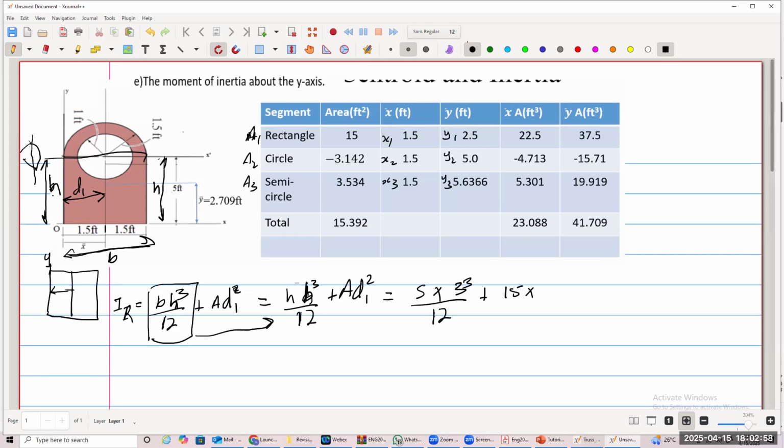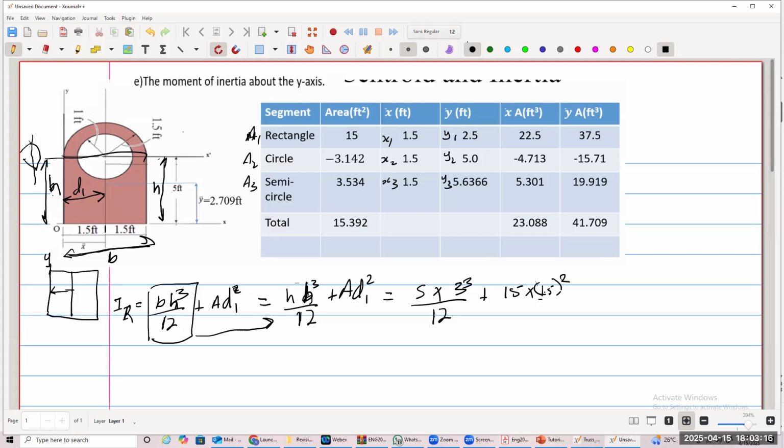It doesn't have to do with any circle or anything like that. So it's going to be 1.5 squared.